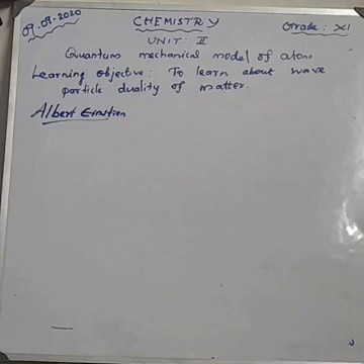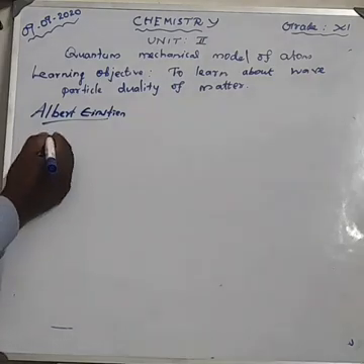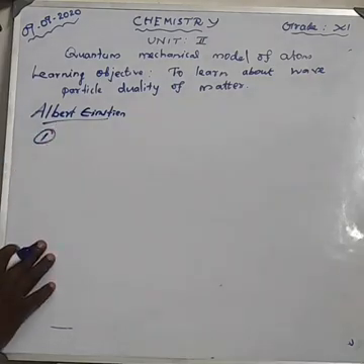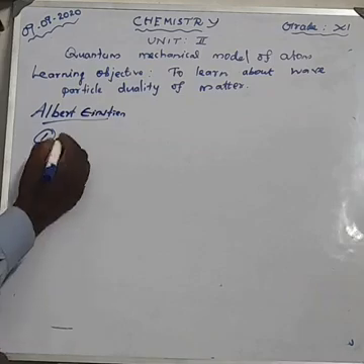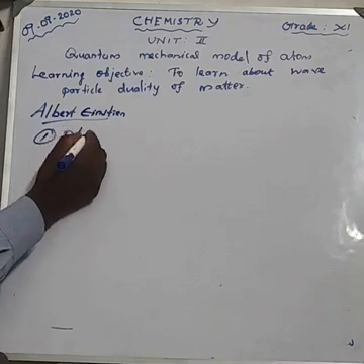Dual nature means it may have particle character and also wave character. That is called dual nature. Here the first equation we are taking is according to Planck's quantum theory.